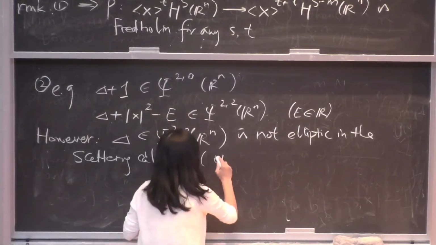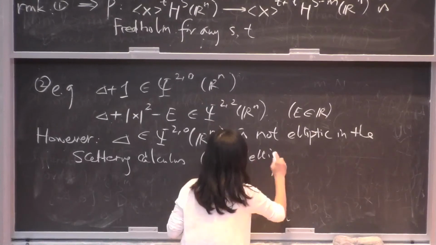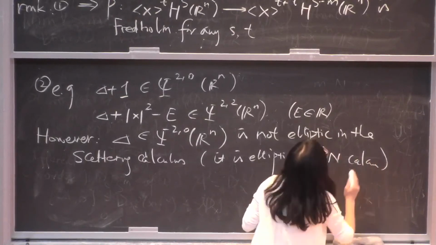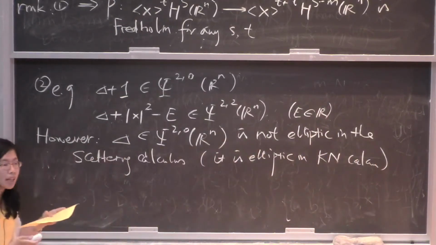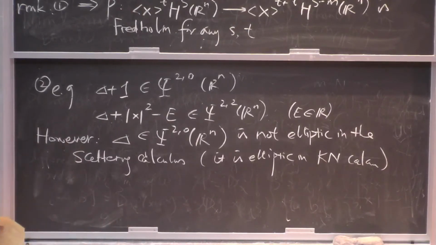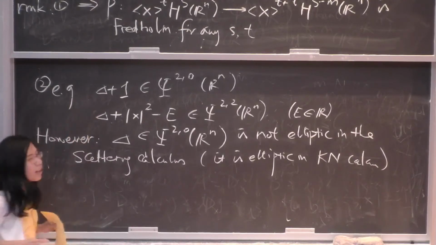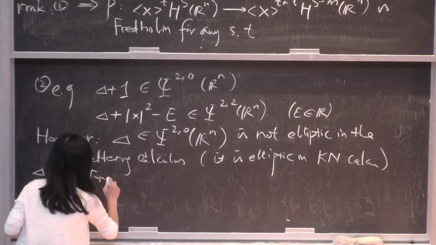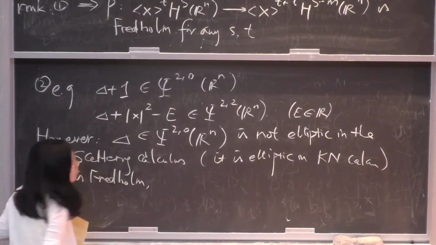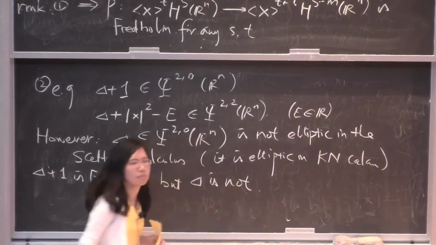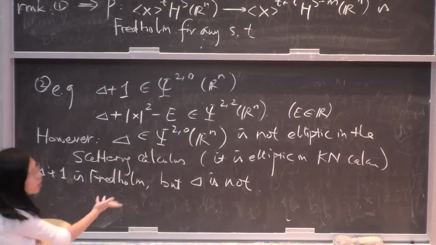It is elliptic in the Kohn-Nirenberg calculus, if you remove the requirement on x. So what I'm saying here is that the Laplacian plus 1 is a Fredholm operator, but the Laplacian itself is not. Okay, so that's all it's saying here.